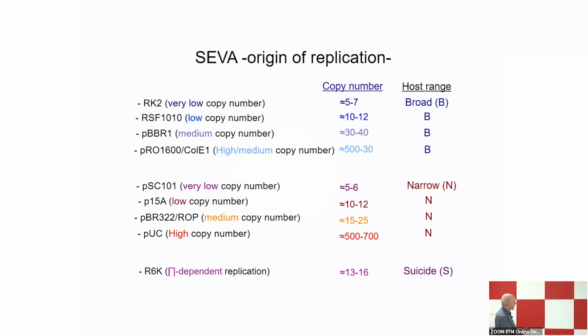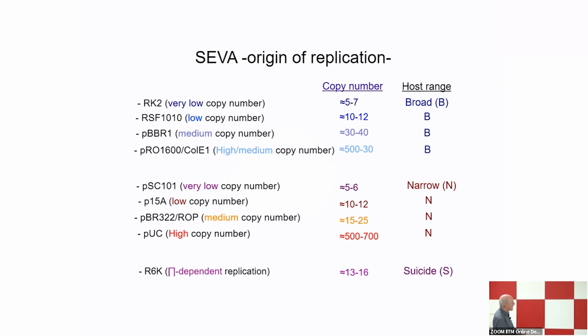The ones on top here are promiscuous origins of replication, and therefore SEVA derivatives that carry these origins can replicate in many types of different gram-negative bacteria.